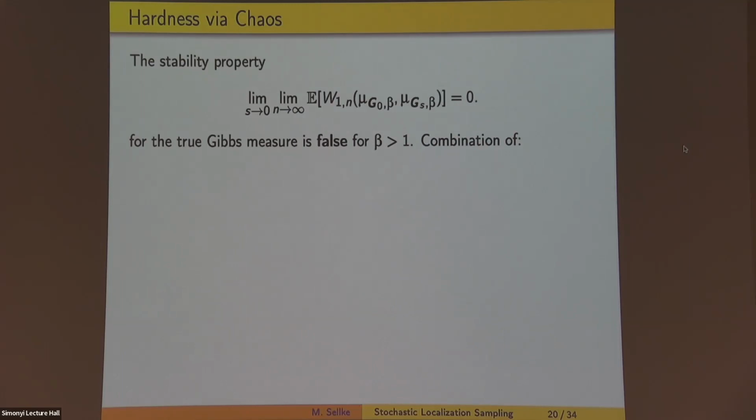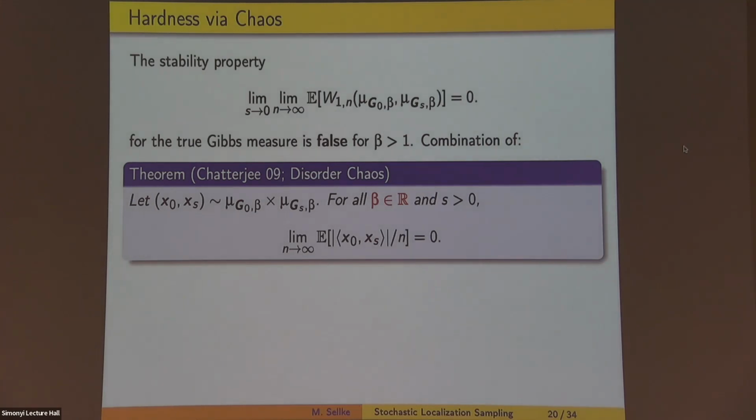So what do I mean? If I perturb, if I make S a small constant, then this Wasserstein distance between the two actual Gibbs distributions will not go to 0. So this is a combination of two nice things. One is Chatterjee's disorder chaos.